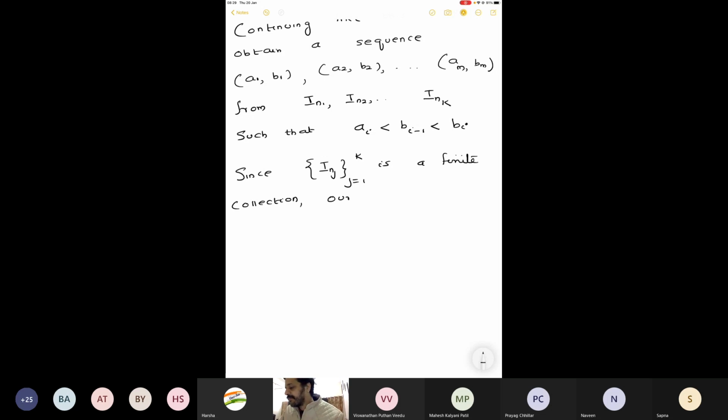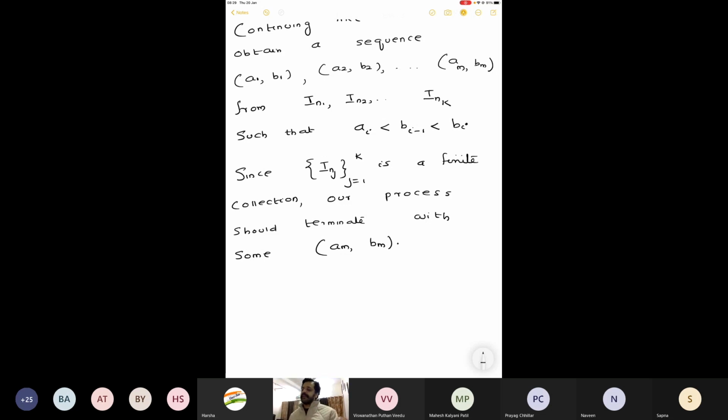Our process should terminate with some (am, bm) after some m stages, where m is less than or equal to k.